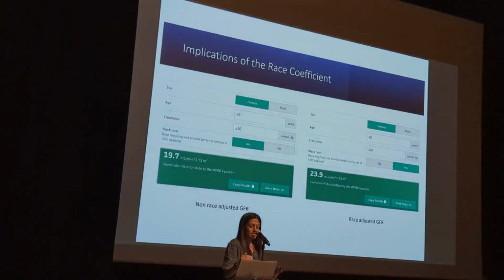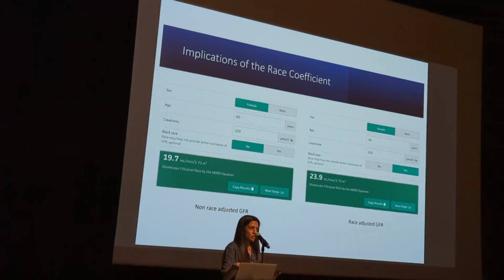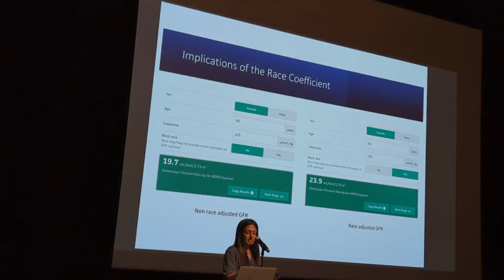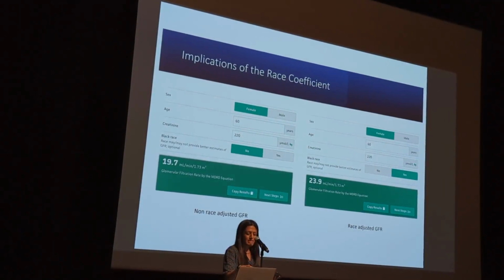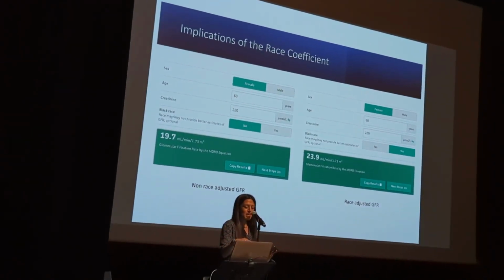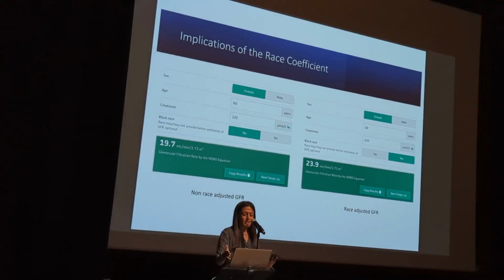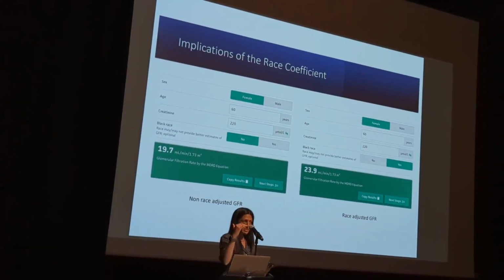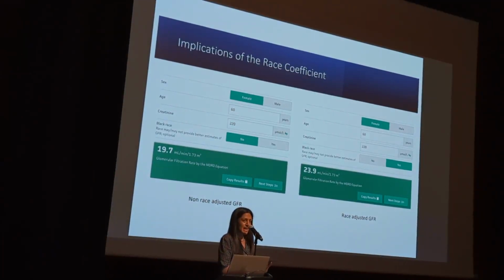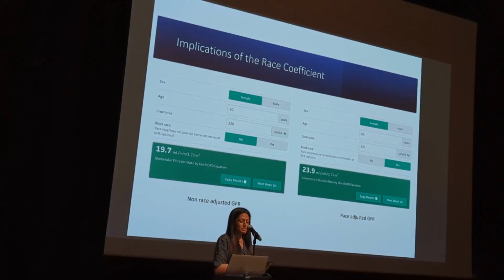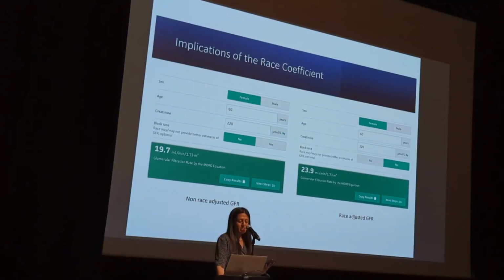So you can literally see that on the left-hand side, the non-black patient has a score of 19.7, despite having the entire same demographics as a black patient, and they would be considered eligible for a kidney transplant. Whereas the black patient on the right has had this adjusted score, which has basically meant that they're not going to access the same treatments as non-black patients. And I took those screenshots just a few months ago, so last year.